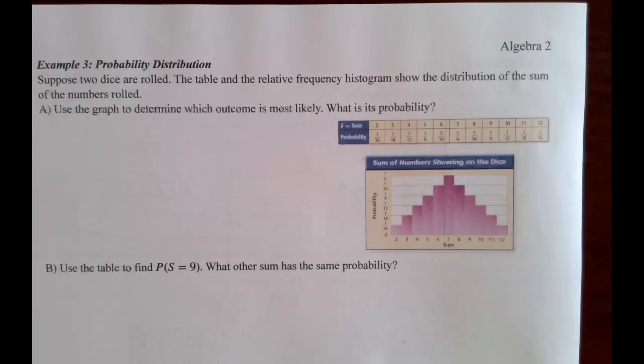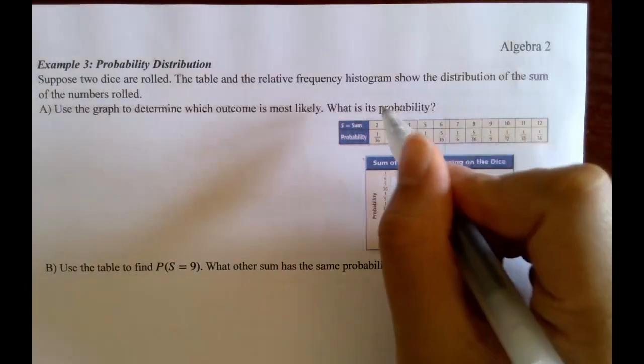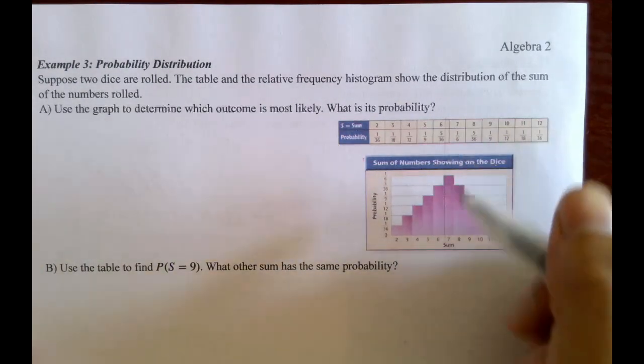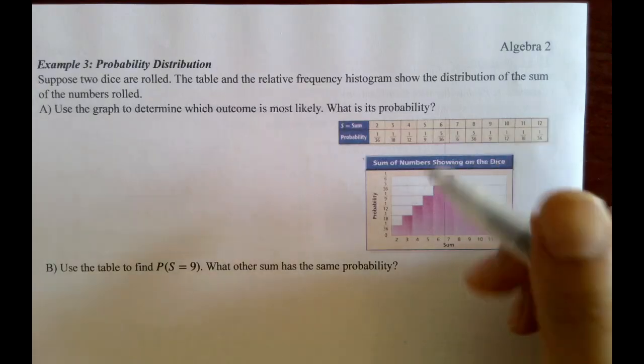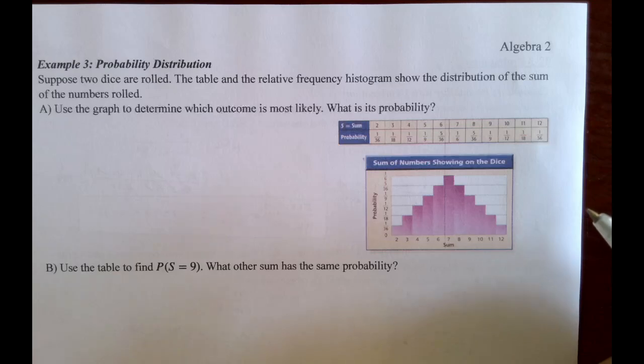So suppose 2 dice are rolled, like when you play Settlers of Catan. The table and the relative frequency histogram show the distribution of the sum of the numbers rolled. We want to use the graph here to determine which outcome is most likely.